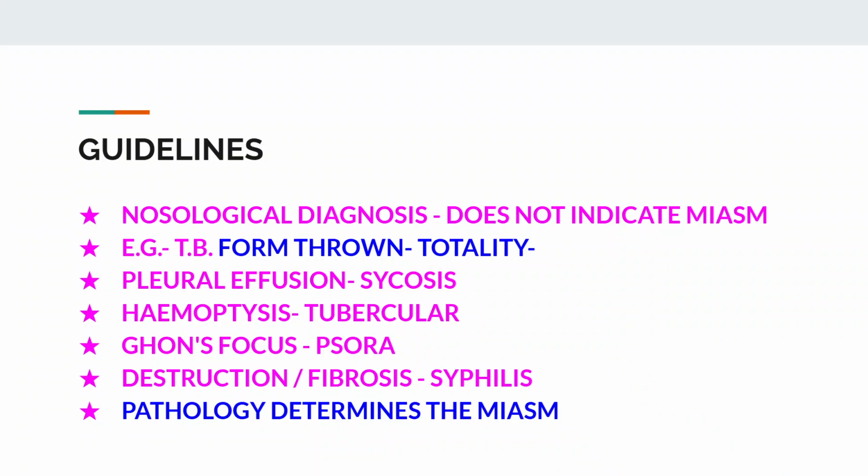If only a Ghon's focus is there, it may indicate psoric miasm. If there is destruction and fibrosis of lungs, it indicates syphilitic miasm. So ultimately, you must pay attention to the pathology. Pathology determines the miasm, not the nosological diagnosis. Just labelling the disease and correlating it with miasm is not correct.